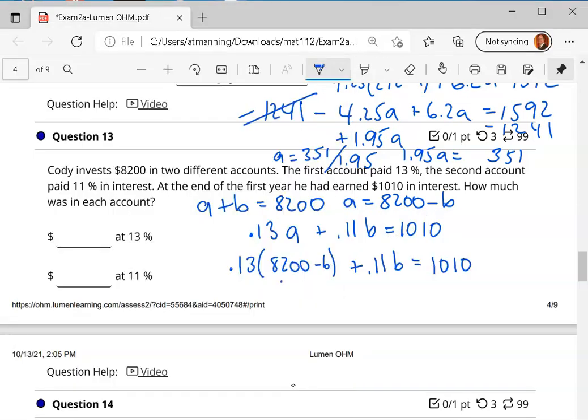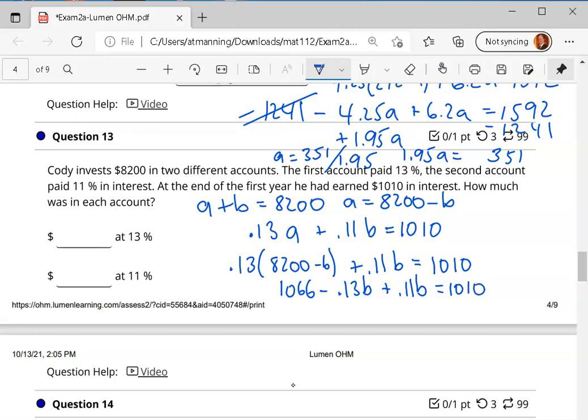So 1066 minus 0.13b plus 0.11b equals 1010.